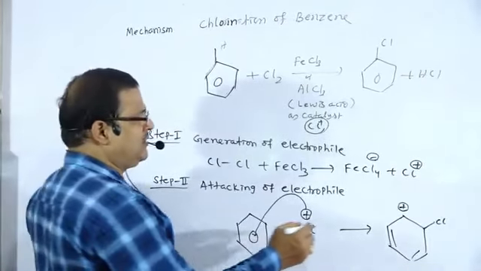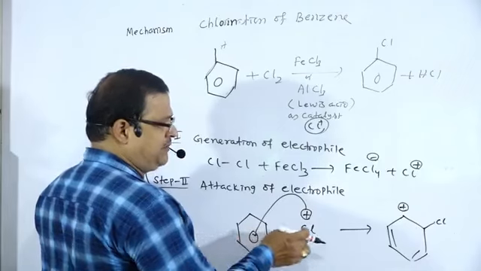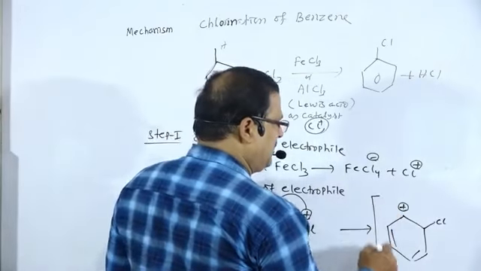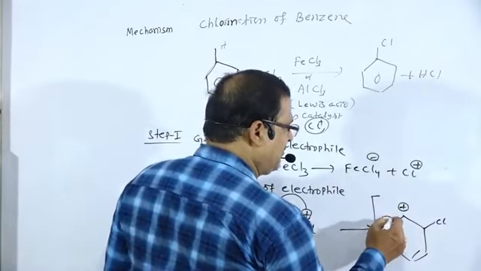So the electron that has been dragged from the benzene ring, there is the formation of a bond. So there is the resonance stabilization of this molecule.